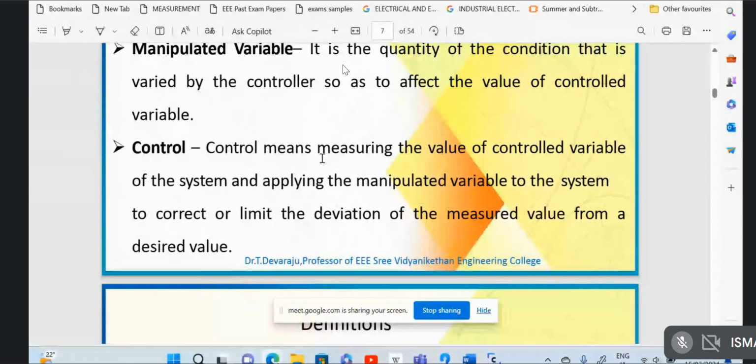Control means measuring the value of the control variable and applying the manipulated variable to the system to correct or limit the deviation of the measured value from the set value. So there's measuring taking place so that the variables applied to the system can be manipulated to give us the correct deviation so that we can have a set value.